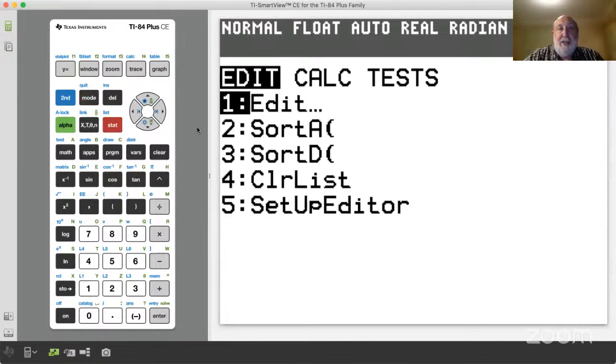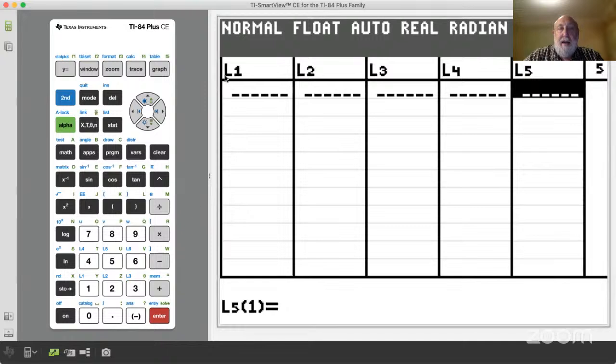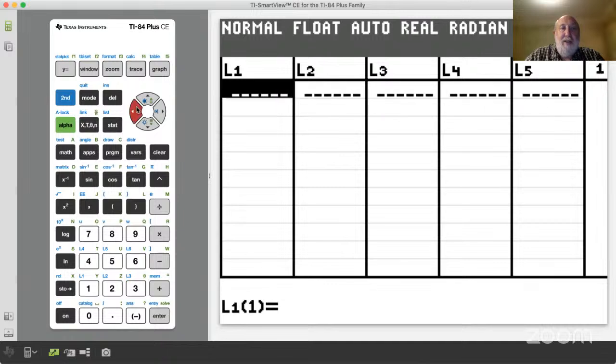Up at the top, it says edit. And when I enter this environment, I've got my lists arranged in columns. And so I'm going to just use list 1 and list 2, L1 and L2, for the 2 rows of Steve's table here. So in list 1, let me get over to list 1, the first entry.